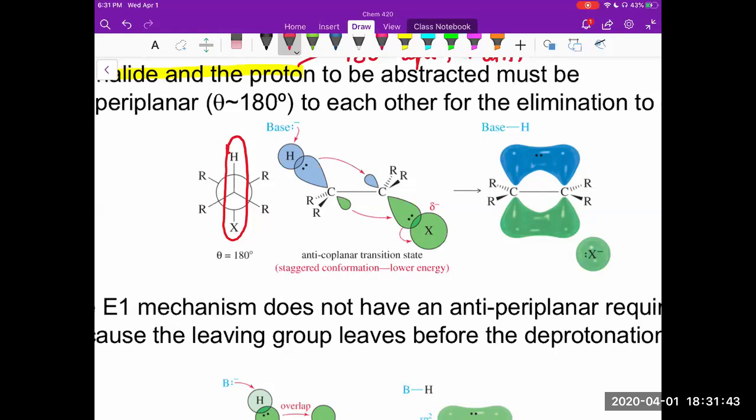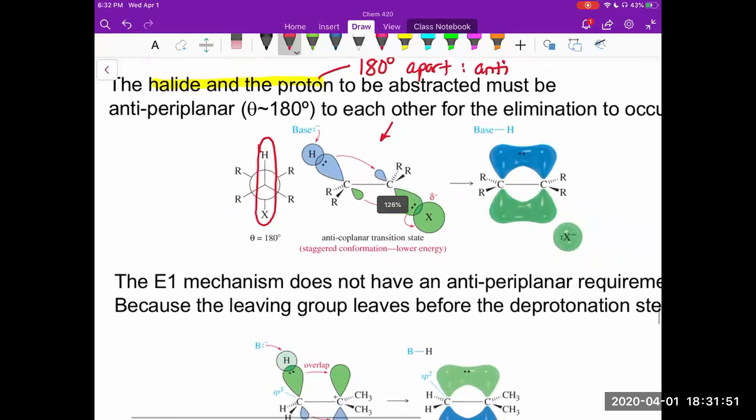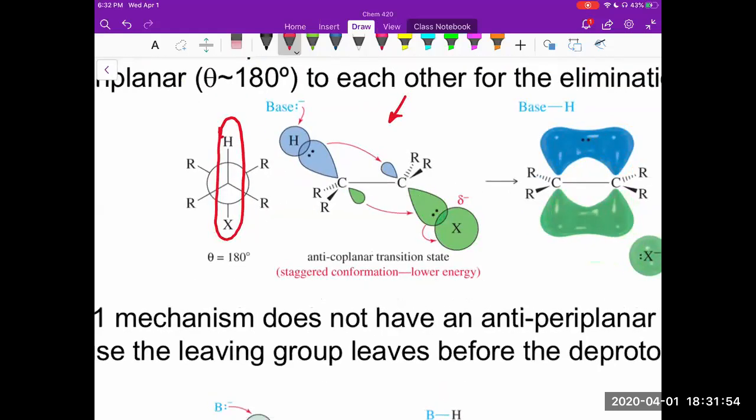And that anti-coplanar arrangement, it shows how the orbitals all line up here in this second picture. If you take a look at it, it allows for a really smooth flow of electrons in between orbitals. And so the base grabs the hydrogen, electrons flow from one orbital to another, and then they flow out to kick out the halogen.